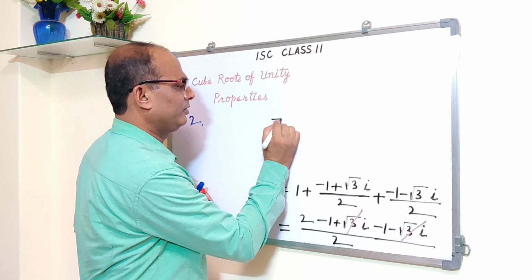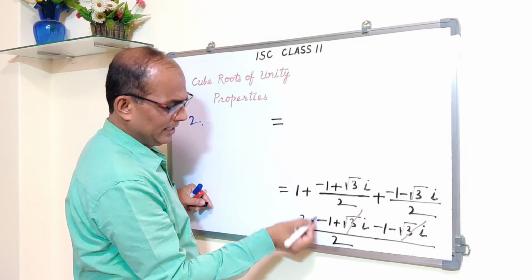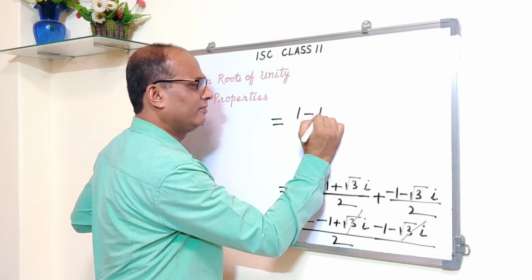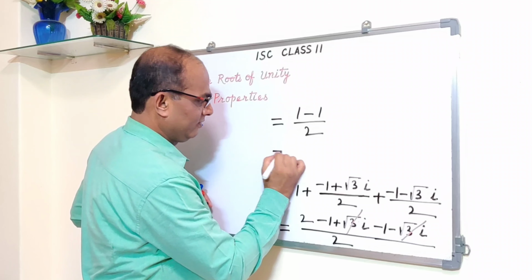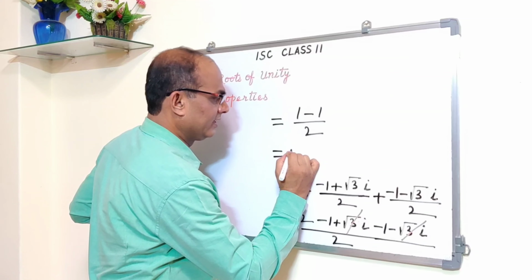Anyway you can write down, it is up to you. So 2 minus 1 is 1 minus 1 whole divided by 2, and this gives you 0, isn't it?